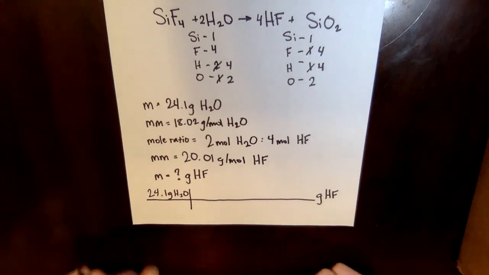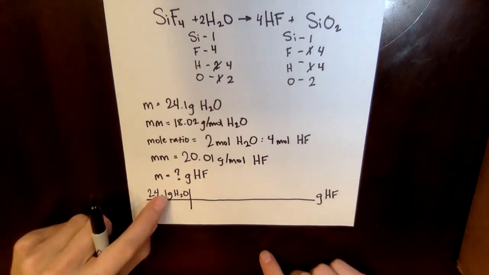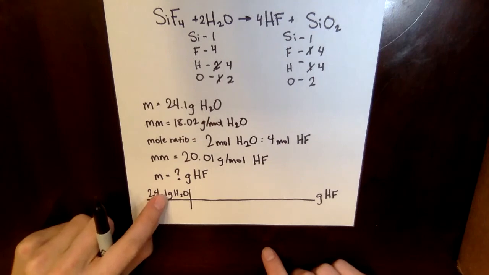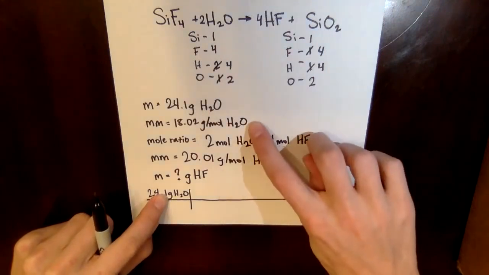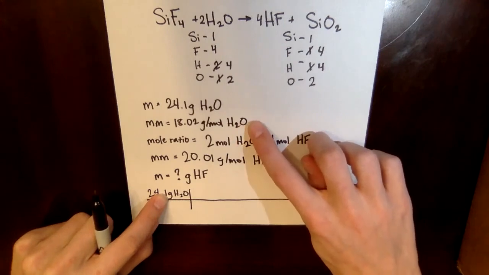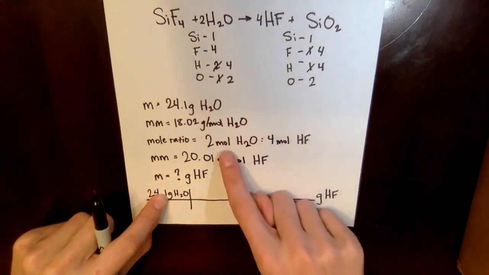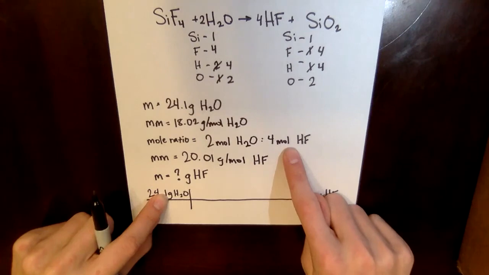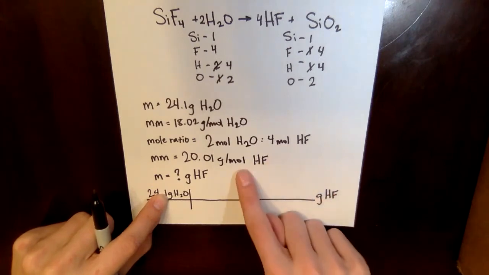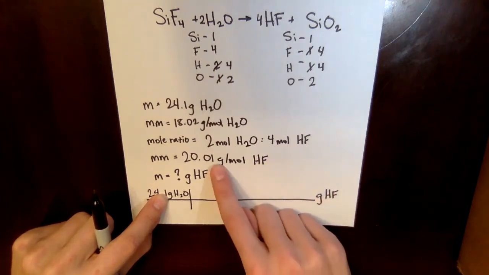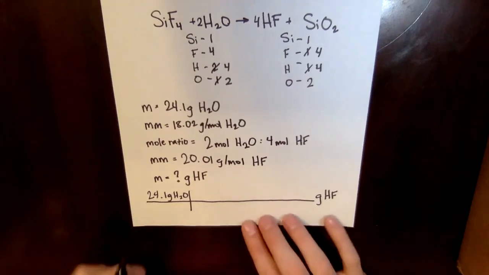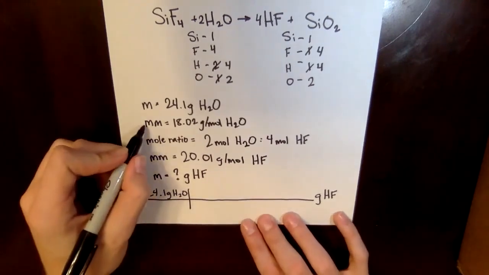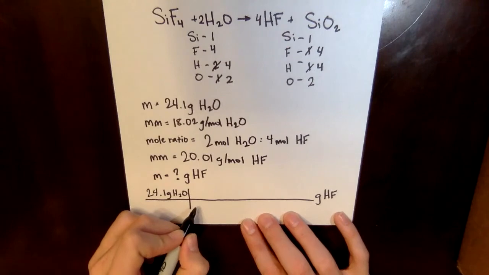So I want to get rid of my unit of grams of water, and the only way that I can do that is by converting my water to moles. Because if I convert grams of water to moles of water, then I can convert moles of water to moles of hydrofluoric acid. And then I can convert moles of hydrofluoric acid to grams of hydrofluoric acid. So I'm going to take my molar mass and use that next.